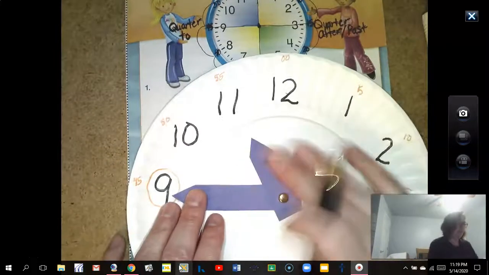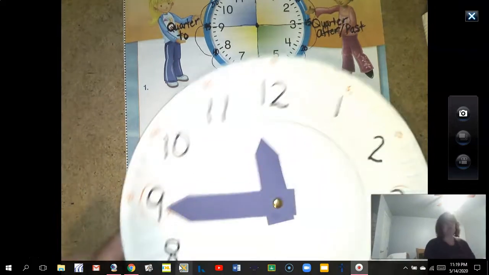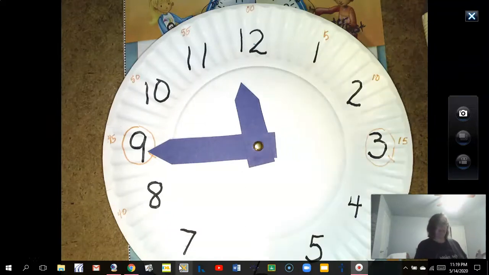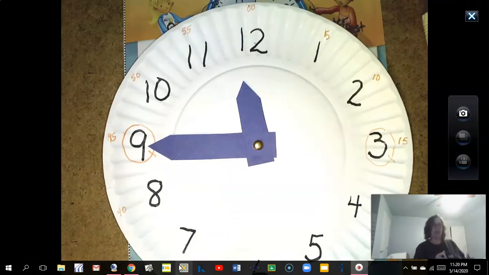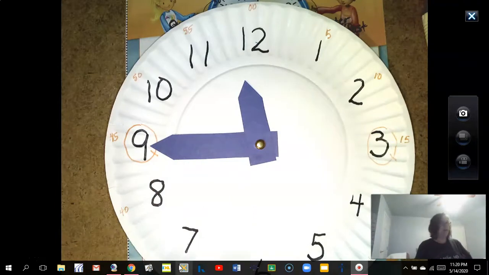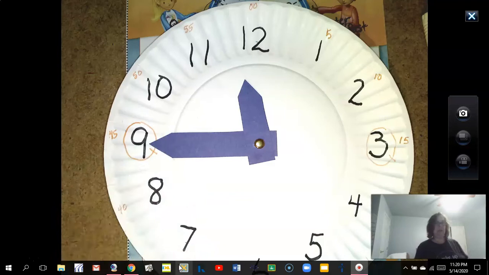Okay, and now I'm going to put this back over here because I want to talk to you also about when we saw this on our papers in the morning work, and some of you got candy or picked from the treasure chest or just a big shout out that you were putting the extra effort into it. What time would this be? What else do we call this? And notice I put a Q here around it.